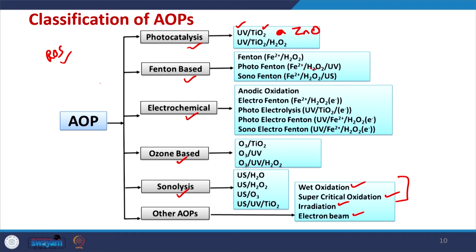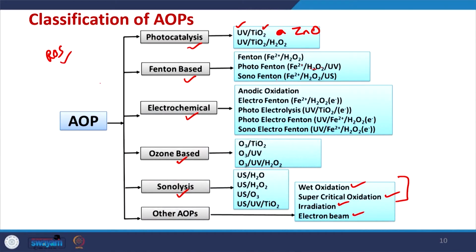Now, a lot of research is going on towards making catalysts which can work with visible light, because the intensity of UV light on the surface of the earth is way less as compared to visible light. So, if we can use visible light, then it will be better. The problem is that visible light has lower energy as compared to UV light, so they require other types of catalysts. All these aspects we are going to study more when we study photocatalysis in detail.